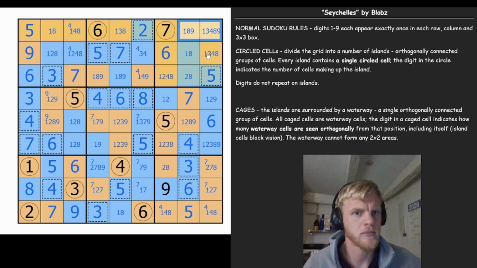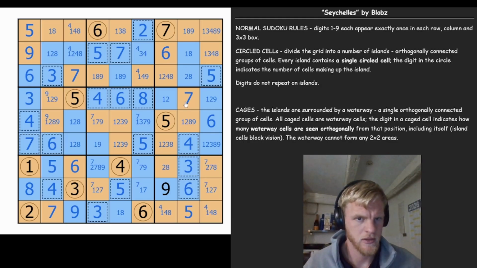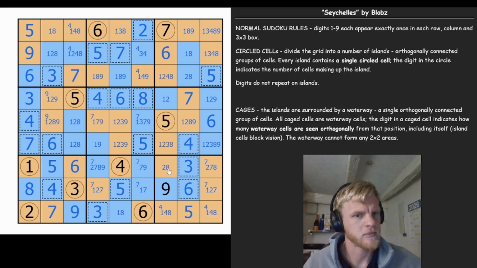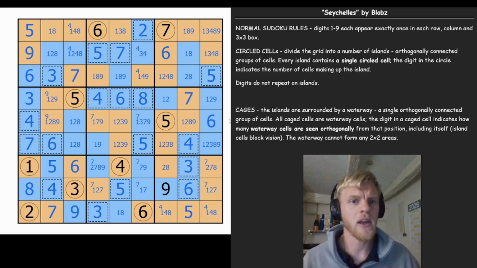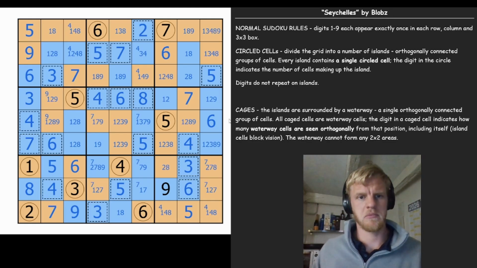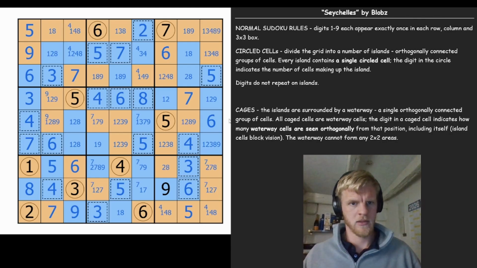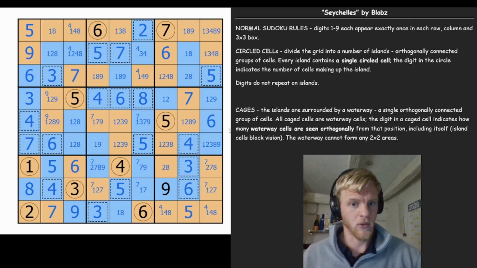Did not help much. 6, 7 not in here. 7 not in here. 6 not in here. 4 for this. 5 for this island. This is not really restricted. Okay, now this should solve quite easily. Probably I'm missing again something really obvious.